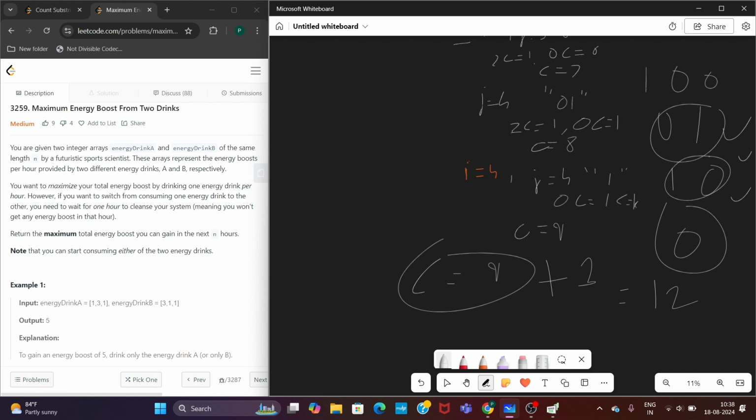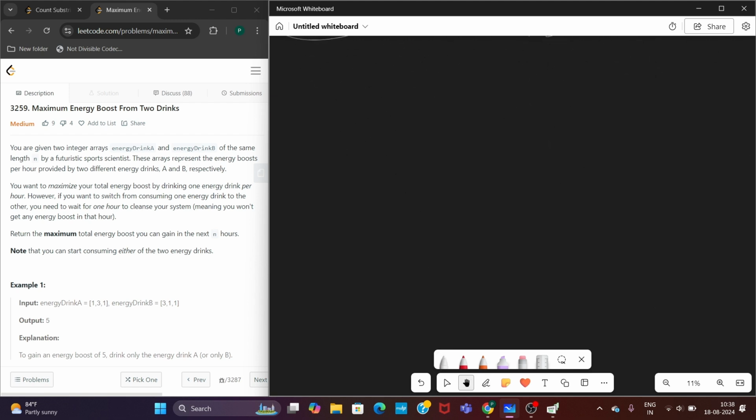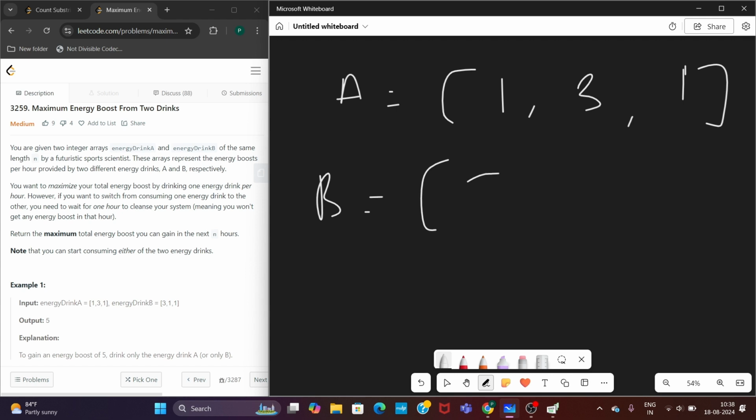Let's see. Basically we have been given a medium level problem, but originally it is easy level. Okay, let's see. We have been given the boost of energy A as 1, 3, 1, and boost of energy B as 3, 1, 1. So you have to return the maximum total energy boost you can gain.